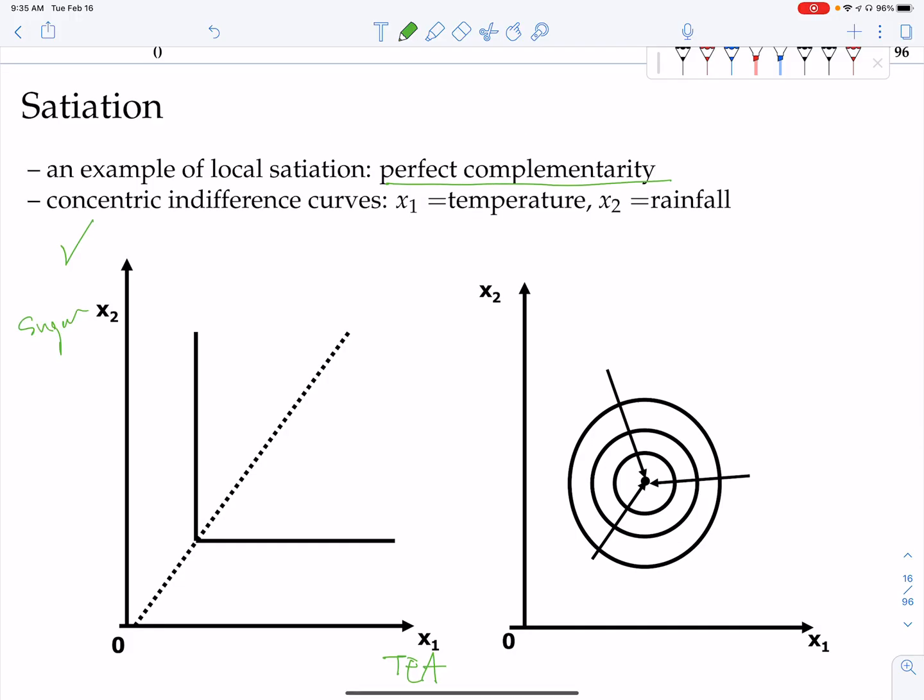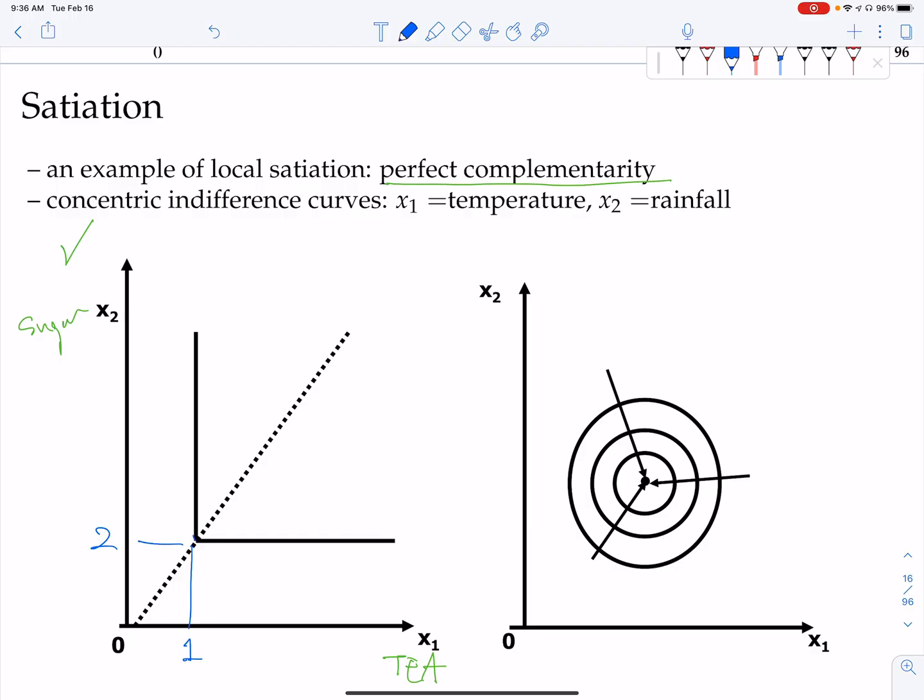This Englishman is very particular about the tea. For him, the ratio between the tea and the sugar has to be perfect. Otherwise it's completely ruined and you don't want to drink it anymore. Let's say the ratio is 1 unit to 2 units. For each unit of the tea, you need 2 units of the sugar.